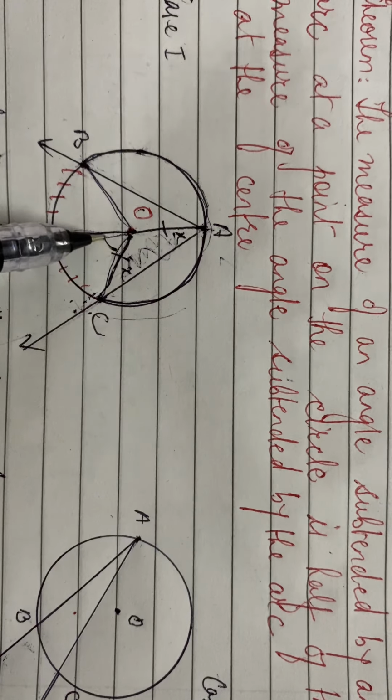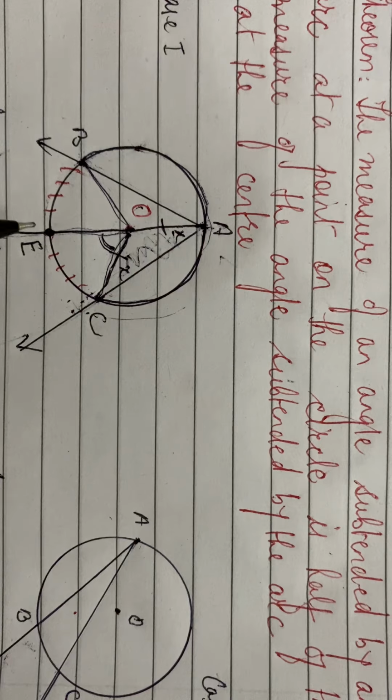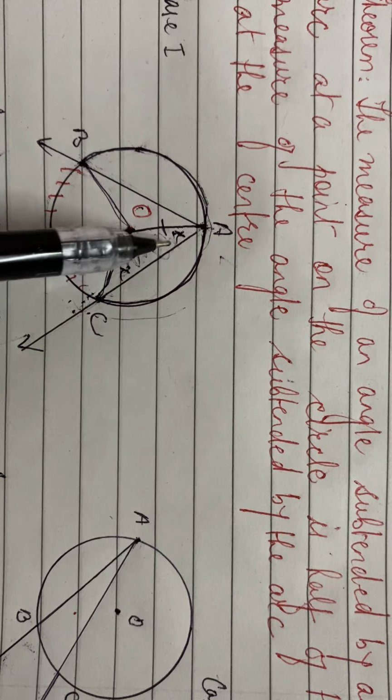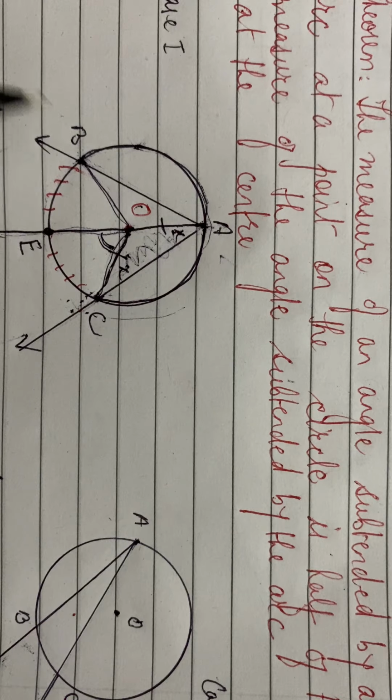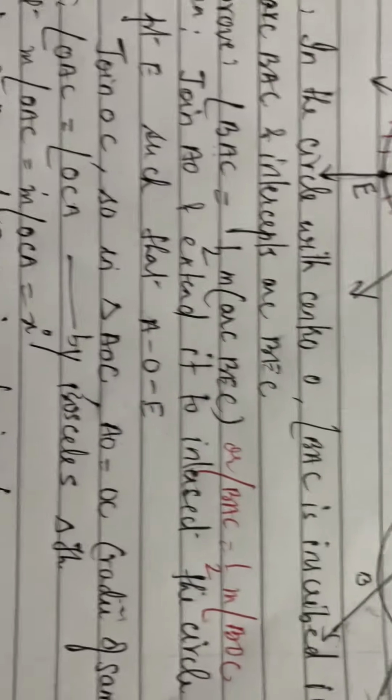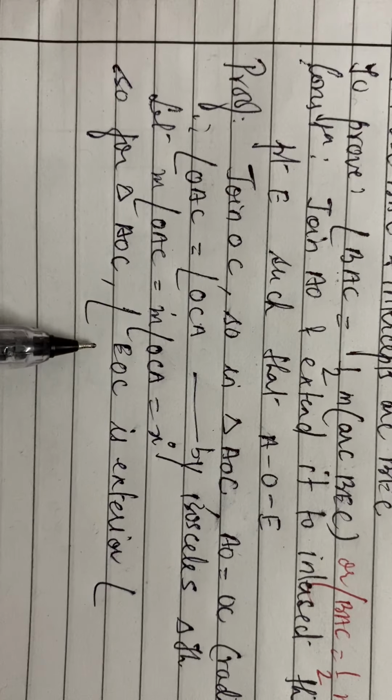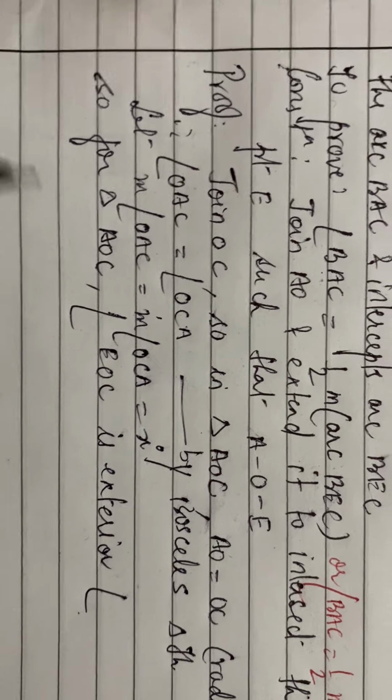So you know the remote interior angle theorem, that the measure of the exterior angle is equal to the sum of the remote interior angles, right? So we are going to apply that theorem. So for triangle AOC, EOC is the exterior angle.